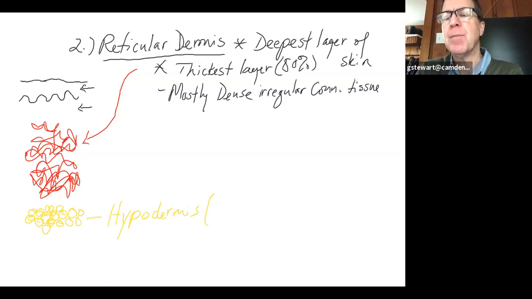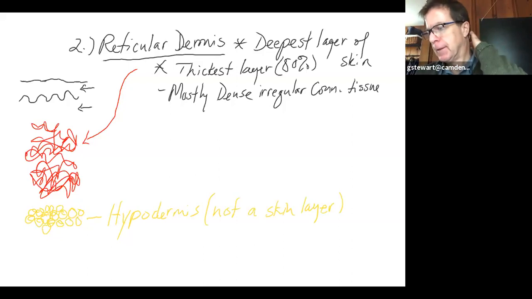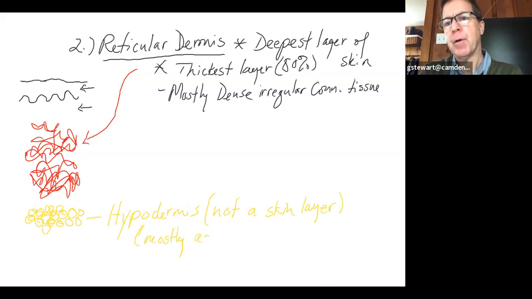So actually the deepest layer of the skin is the reticular dermis. So the hypodermis is technically not a skin layer. Hypo means below, so it's below the dermis or below the skin. I'm just writing mostly adipose tissue, which is fat.